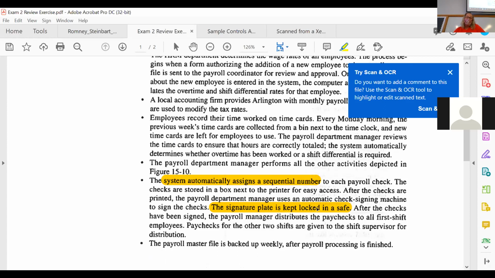What type of control is that? That's an example of a physical access control. By keeping the signature plate locked in a safe, you're limiting access to that stamp.